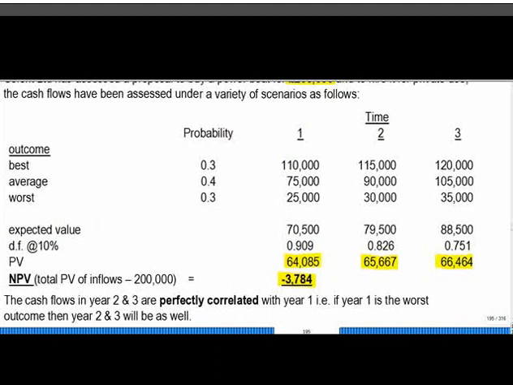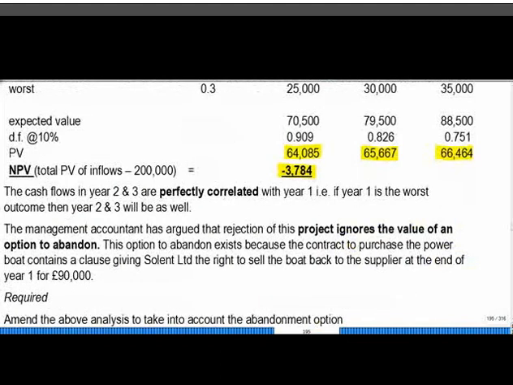Underneath these numbers there's a little bit of debate. The management accountant has argued that the project ignores the value of an option to abandon, and the details of this are that you've got the right to sell the boat back to the supplier at the end of year 1 for 90,000 if you want to. So let's have a look at how we could amend the analysis to take this into account.